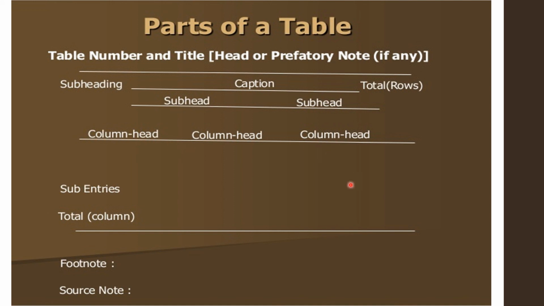This part represents the body or the field where each item is called a cell. All this is done under the sub entries, and then finally the total of each column is given. Below on the left hand side you can see the footnote, and then we have the source note also. So this is a simple format of a table along with all its parts.